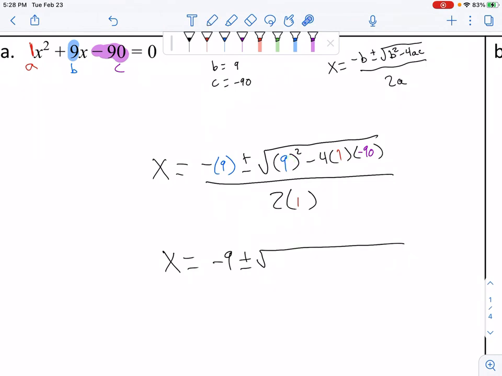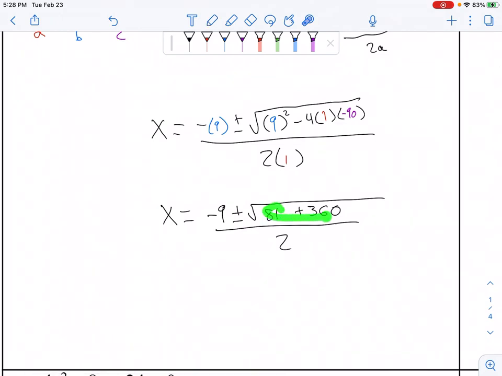Now I'm going to work out this piece here, 9 to the second power, 81. And then this piece, a negative 4 times 1, which is negative 4, times negative 90, which is positive 360. And down here I'm working out 2 times 1, which is 2.